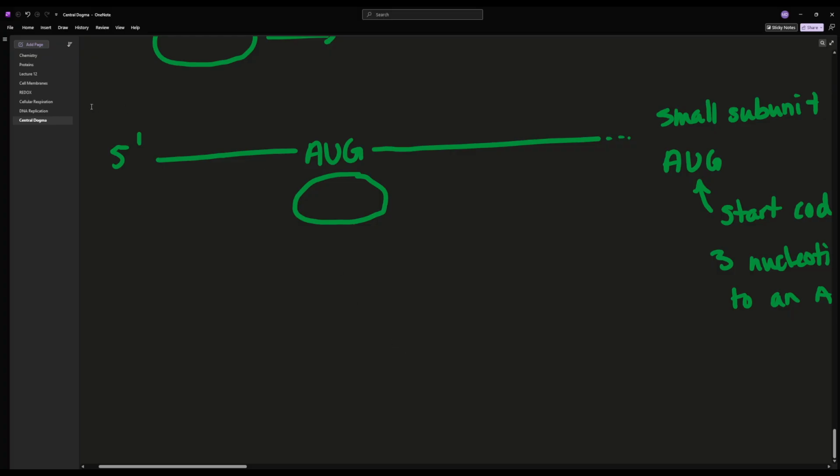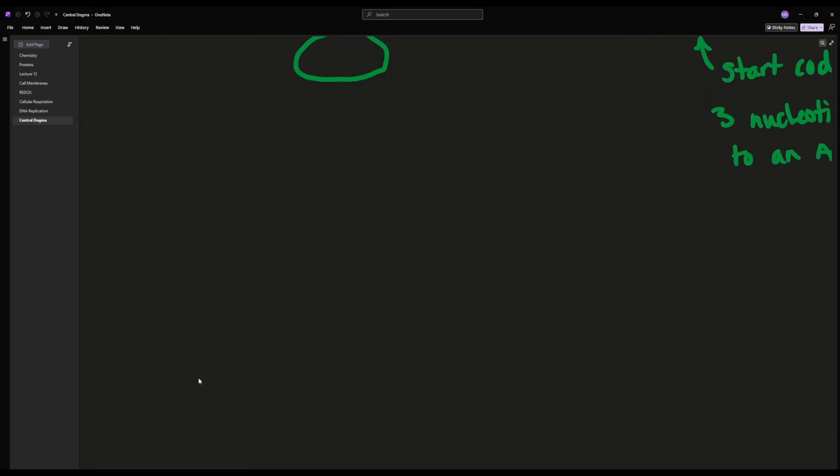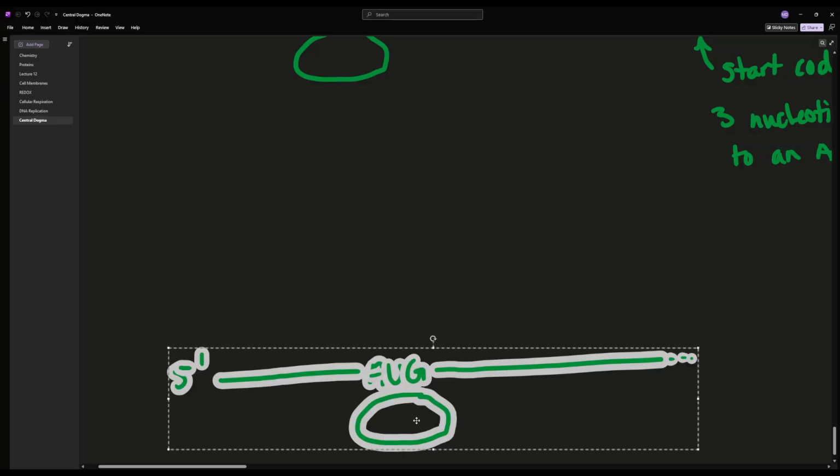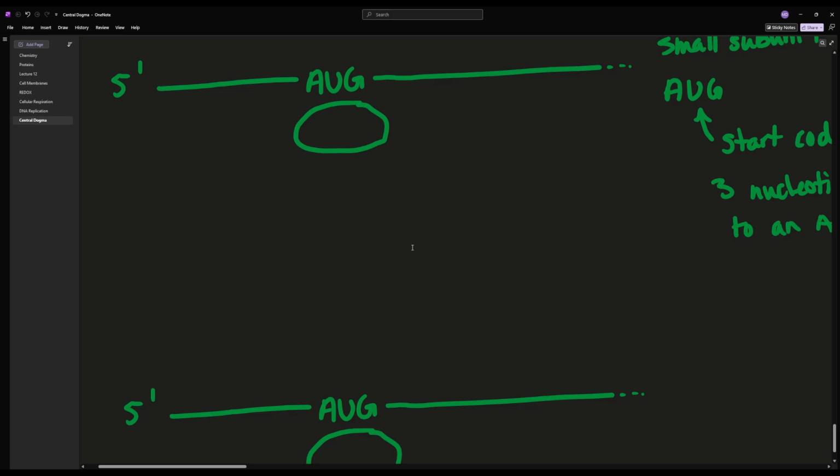Okay, so once it binds here and stops, it's going to wait until the tRNA that interacts with this codon binds. Okay. So let's see if I can not butcher what a tRNA looks like.